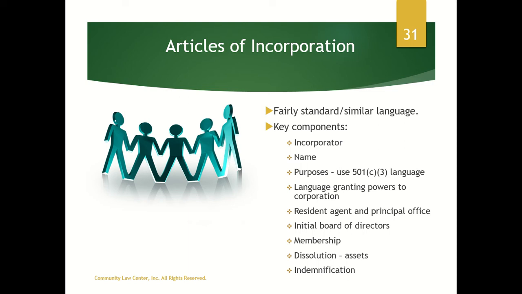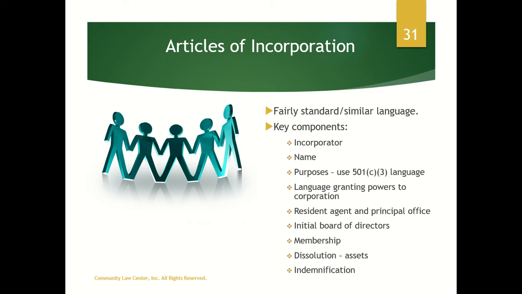So if the state has information for your organization, tax forms, if there is a court filing and they need to serve the organization, it's the resident agent who's going to get that mailing or that service of process. So make sure that when you choose someone as the resident agent, it's someone who is reliable, involved with the organization, going to pass on any mail that they get from the public or the state to the organization.